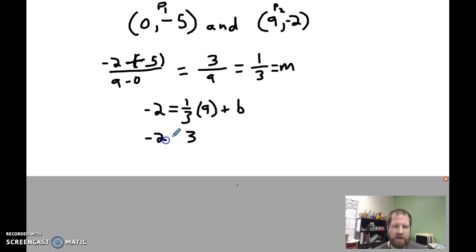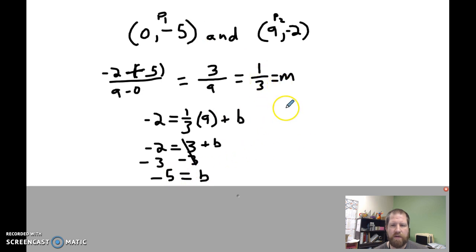So I've got negative 2 equals 3 plus b. It's a positive 3, so to move it over, I'm going to subtract 3 from both sides. Those will cancel, and I've got negative 5 equals b. So that's my y-intercept.